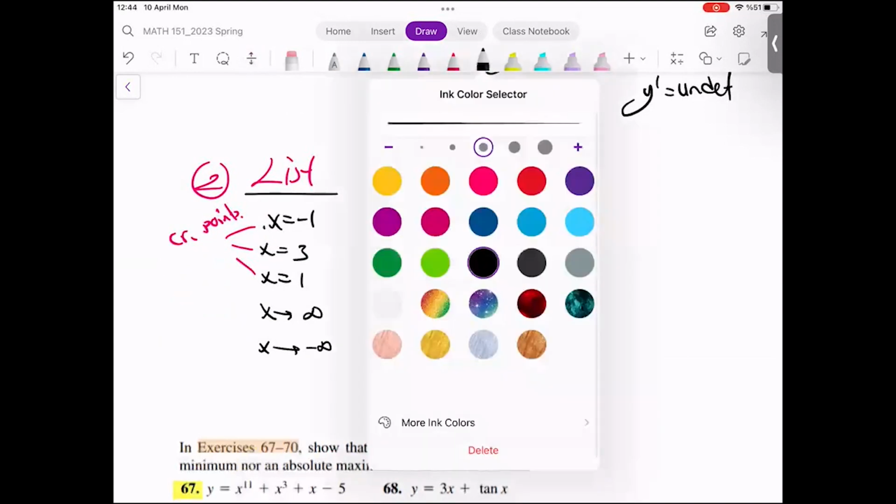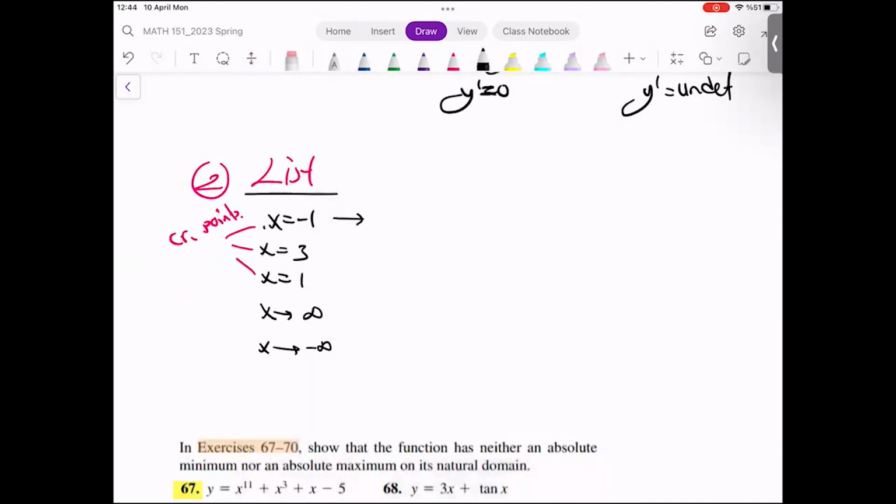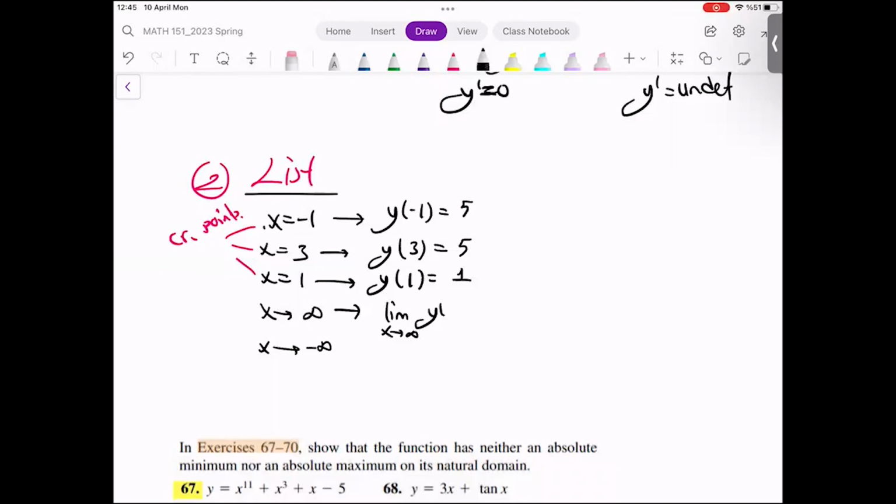Okay, now the images. y at minus 1: you can easily compute the y function at minus 1. You will find the image like this. y at 3 is also 5. y at 1 is 1. Now the limit as x goes to infinity of y(x).